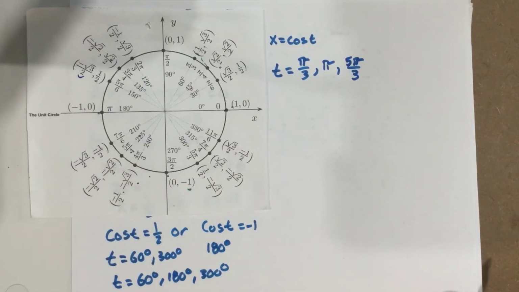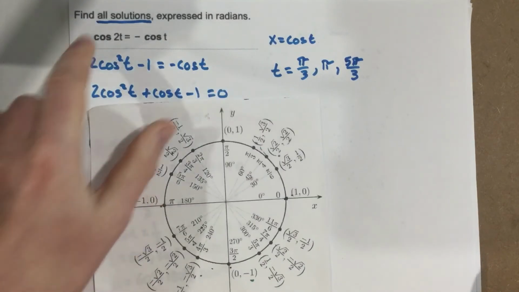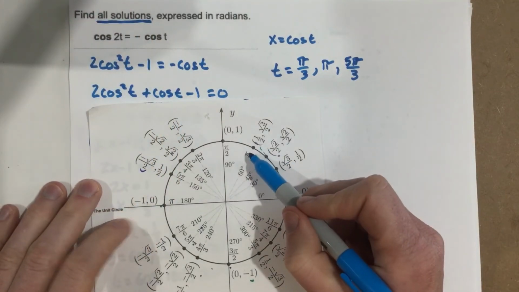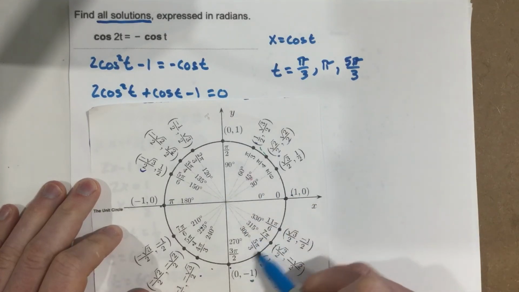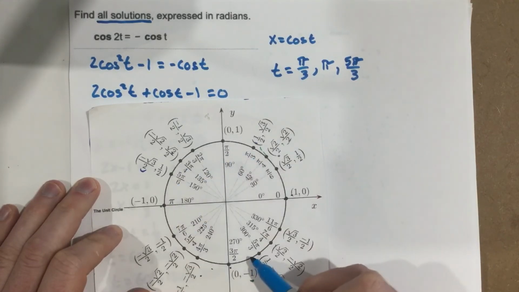Okay, now we want all the possible solutions in this problem. If you remember, it says find all solutions. Right now we have pi over 3, we have pi, and we have 5 pi over 3. So to find all possible solutions, we're going to want to essentially add 360 to each of these.